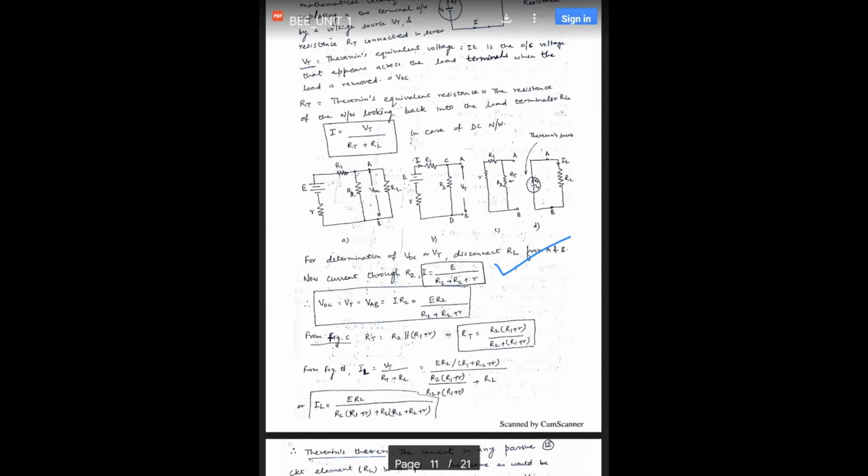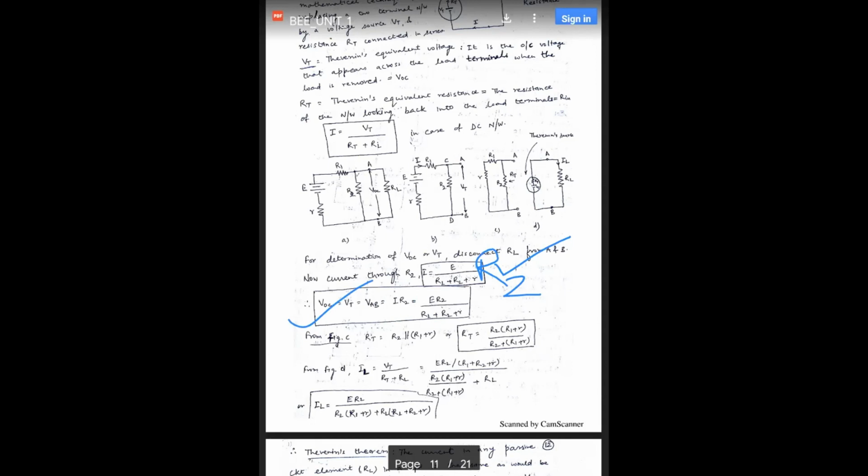Okay. So to calculate this, the current is known to us and we have to just multiply this current with R2 so that we can get this open circuit voltage or Thevenin voltage.